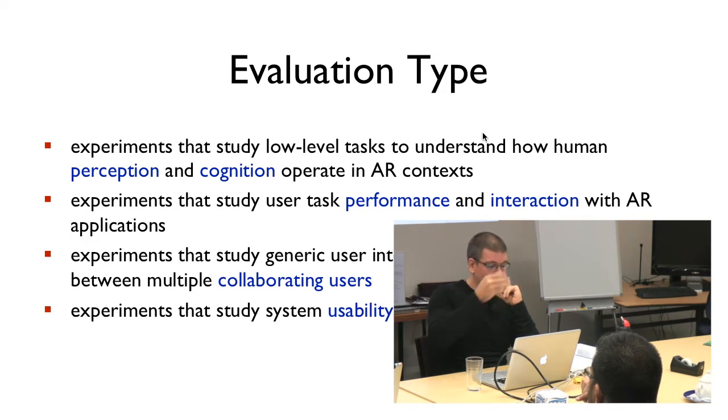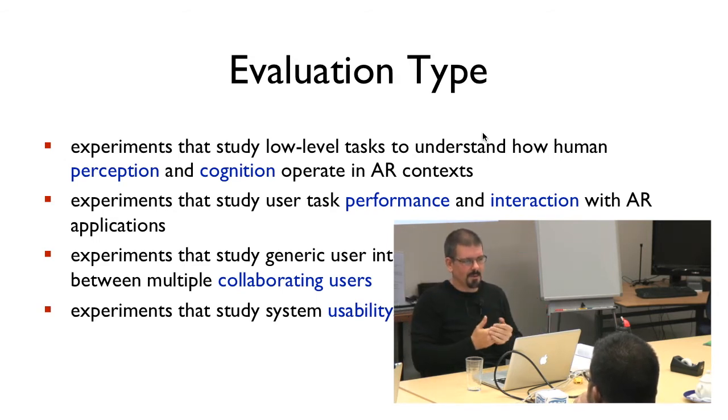The first category was perception, so low-level perception tasks, and we're going to talk about examples afterwards. You would have perceptual experiments where you, for example, flip your vision and then your brain can adjust, or depth perception studies: how do different interfaces promote depth perception or not?